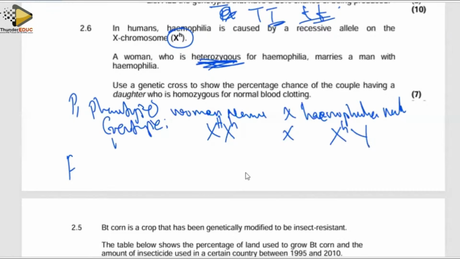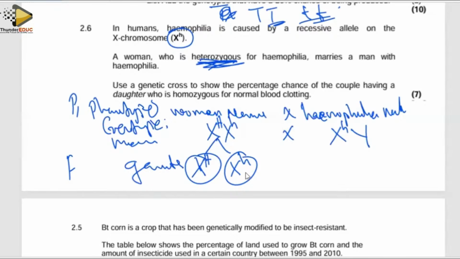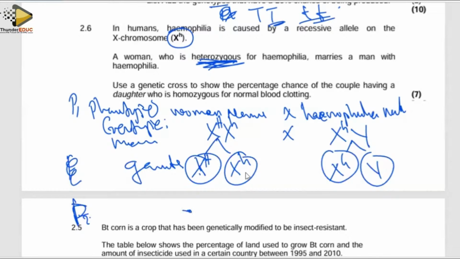Then meiosis has to take place so that you split, and then you're going to have capital X, capital H, then X, small h. These are gametes. And then this one is going to be X, small h, and then Y. These are gametes. So now from there, I'm going to have to say P F2. This with this, so it's going to be capital H, small h.